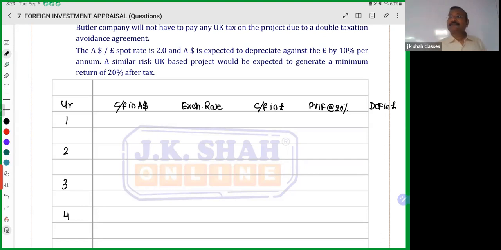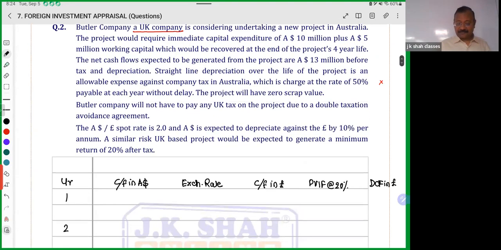Depreciation over the life. हाँ. एक मिनट.